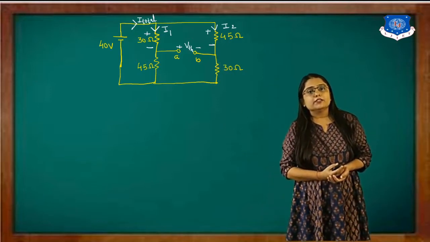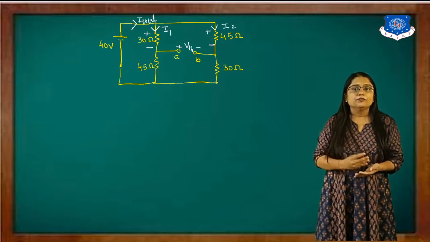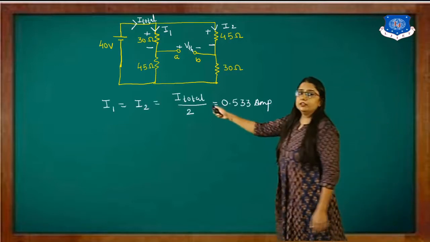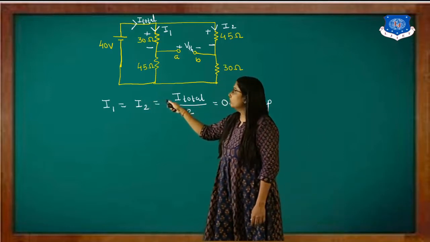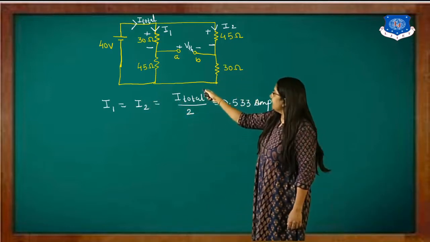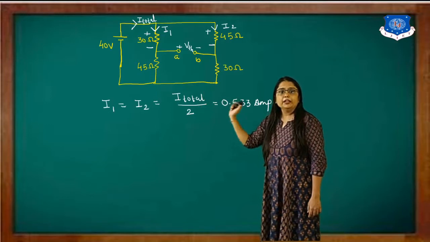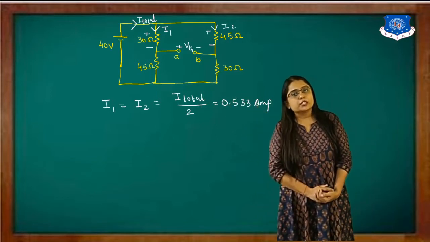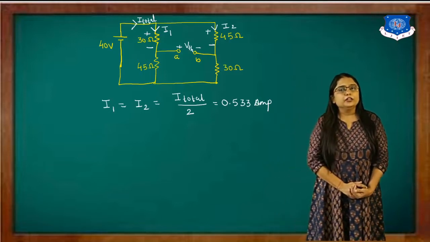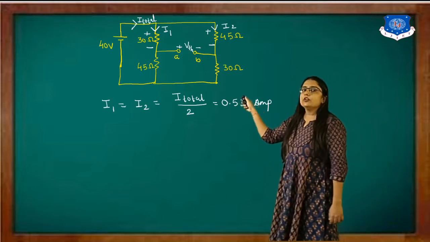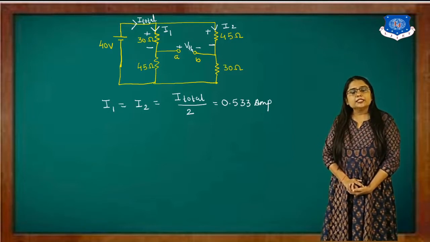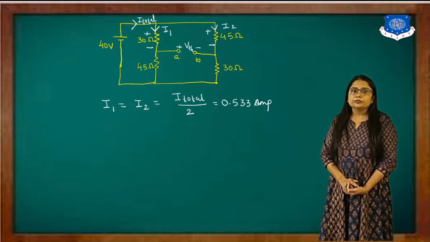So the current is divided equally, that is the half of the total current. So I can write I1, I2 equals I total divided by 2. And I total is 1.066 divided by 2, that equals 0.533 ampere. That is the current I1 and I2.